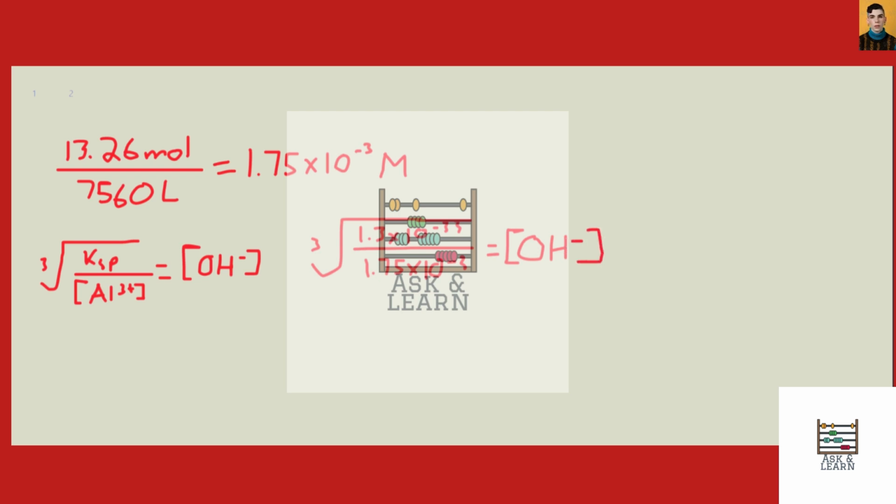So the hydroxide concentration is going to be 9.06 times 10 to the negative 11th molar.